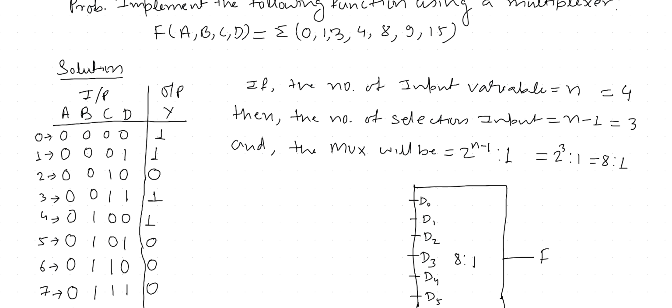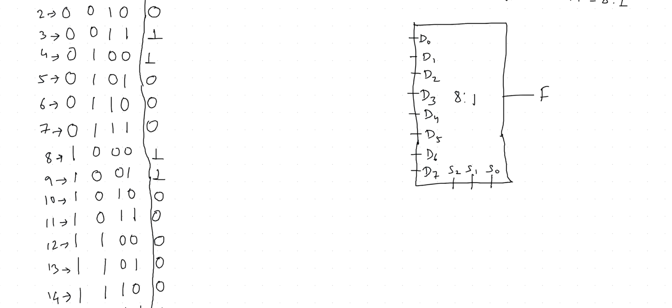If we take B, C, D as the selection input, in that case, it is B, other selection input is suppose C, and this is connected to D. So here this is B, C, and D. These are the selection input.